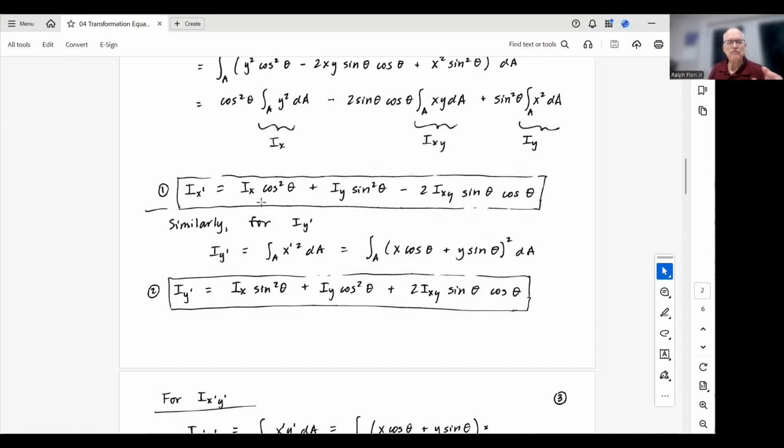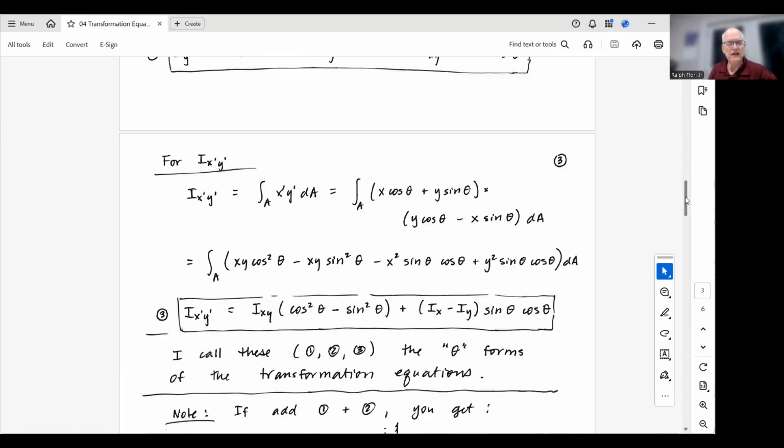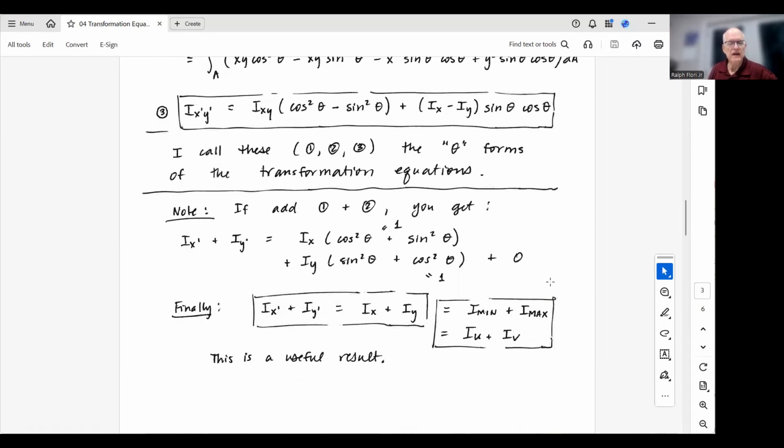And so adding these two equations, what you get is Ix plus Iy is equal to Ix prime plus Iy prime, which is equal to I min plus I max, which is equal to Iu plus Iv, where Iu and Iv are basically two I's at 90 degrees from one another. They're basically the same thing as Ix prime, Iy prime, but sometimes I use Iu, Iv for those.